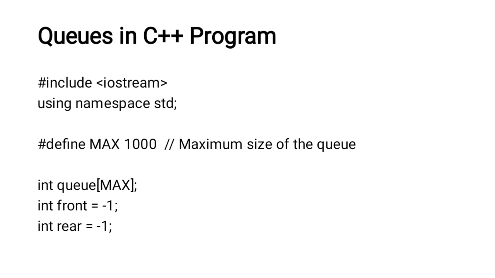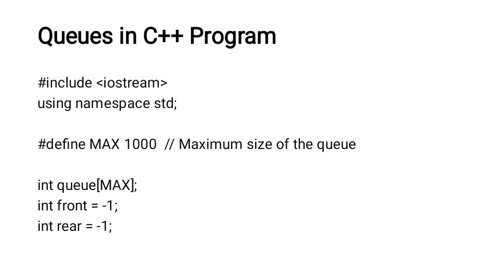Although we can put any size, since we are working with queue data structure, we know that a queue is dynamic, not like arrays. Arrays are static. It means that we cannot change the size of arrays at runtime.